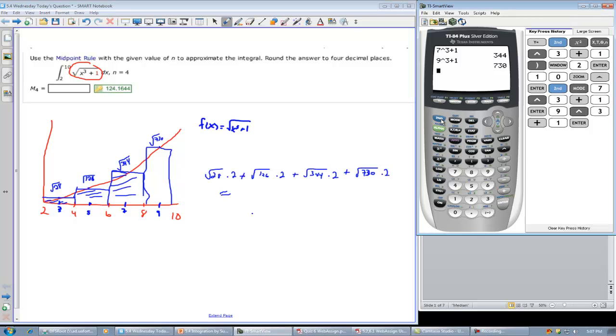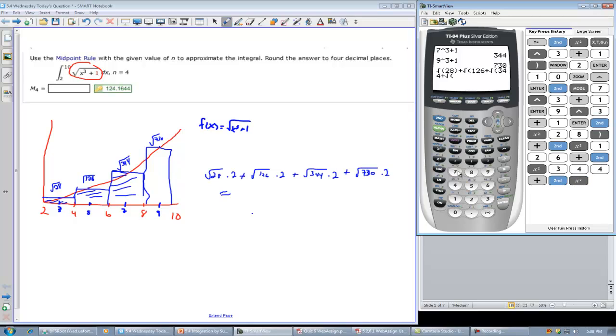So put in your calculator, second square root, 28. And I'll skip the 2's for right now, so plus second square root, 126, plus second square root, 344, plus second square root, 730.